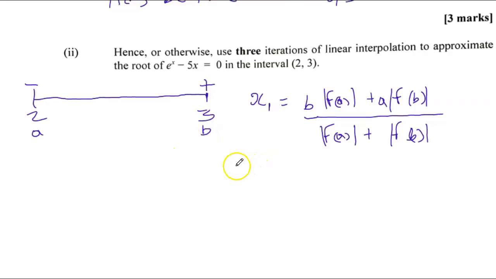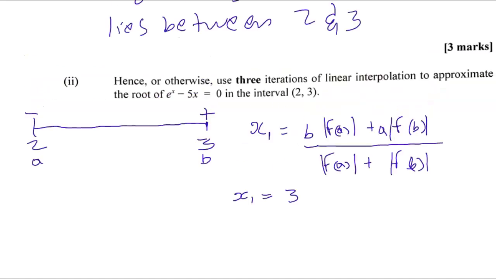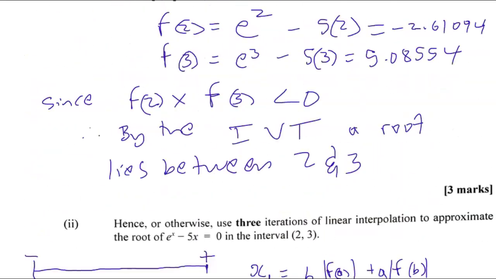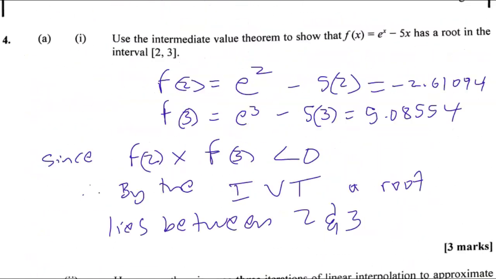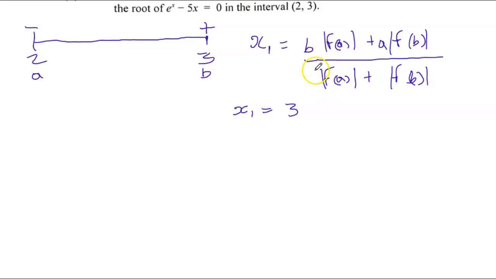Alright, so substituting these, x1. So the value of b is 3. Now f(a) and f(b) we found already. We found f(2) and we found f(3). What were these values? So f(2) was negative 2.61094, but we're using a positive value in the formula, the modulus, or absolute value.